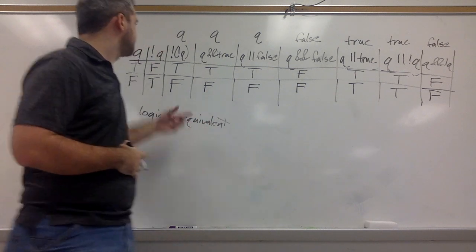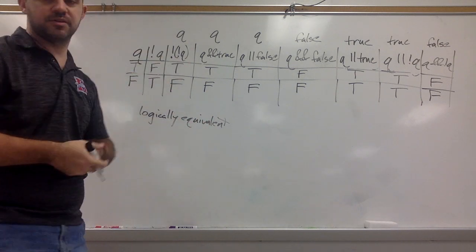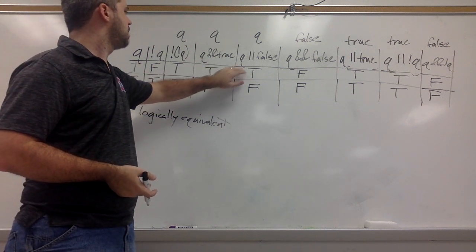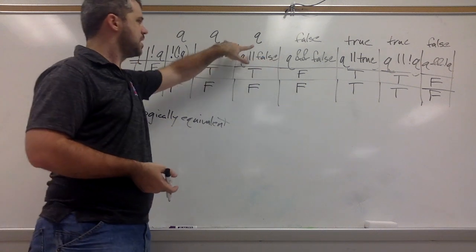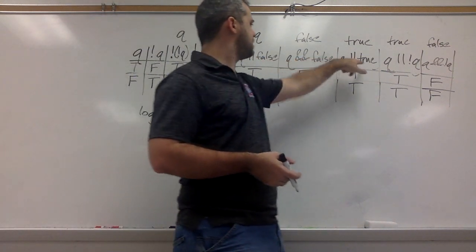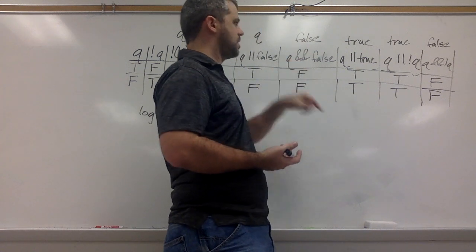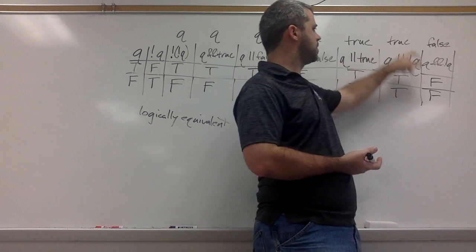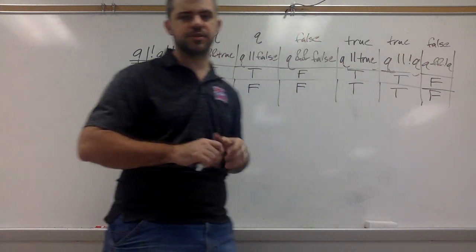So let's review. So double negation gives us Q. Q and true or Q or false, those both give us Q. These statements right here, this one we know it's always false. This one we know it's always true. This one we know it's always true. This one we know it's always false.